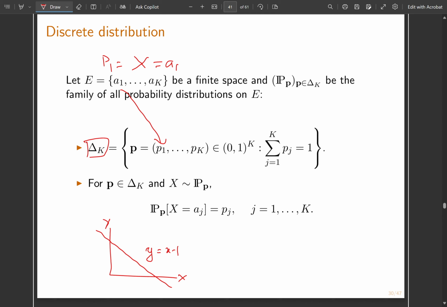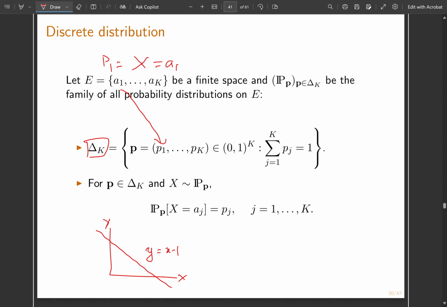Now, let me quickly summarize what we learned today. We learned about a discrete distribution, called E, which had a1 through ak realizations of some random variable x, and there's a probability of x taking each value, p1 through pk, and that sums up to equal 1.